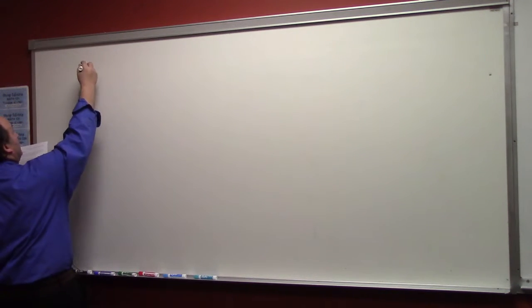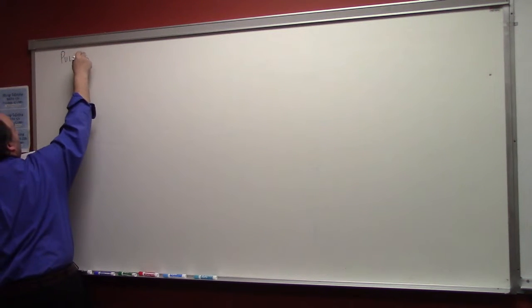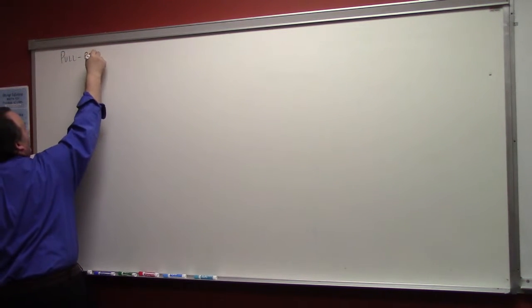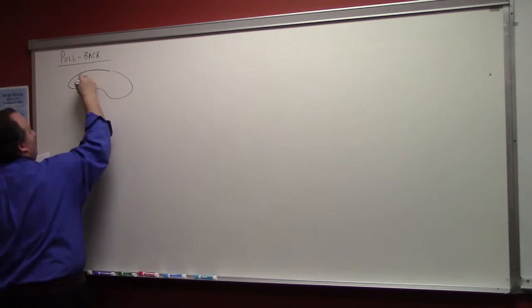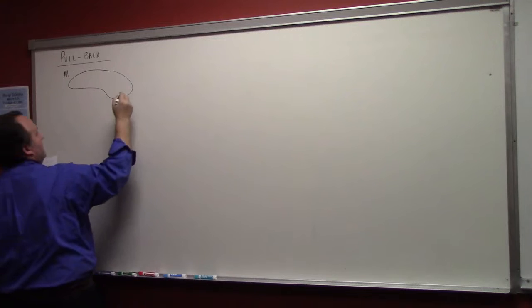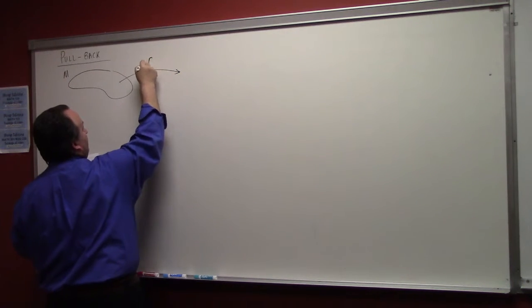So let me just draw a picture of the pullback. It's something like this. You've got a manifold M, you've got some kind of smooth mapping F, right?